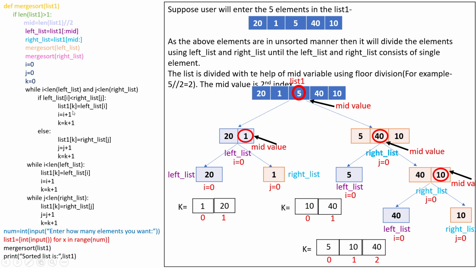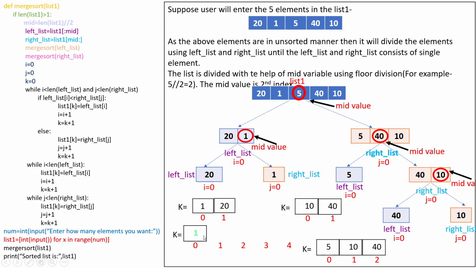list1 of k is equal to left list of i. Means k's 0th index will have 1. The left list's 0th position has the 1, and that will be placed in the sorted array.